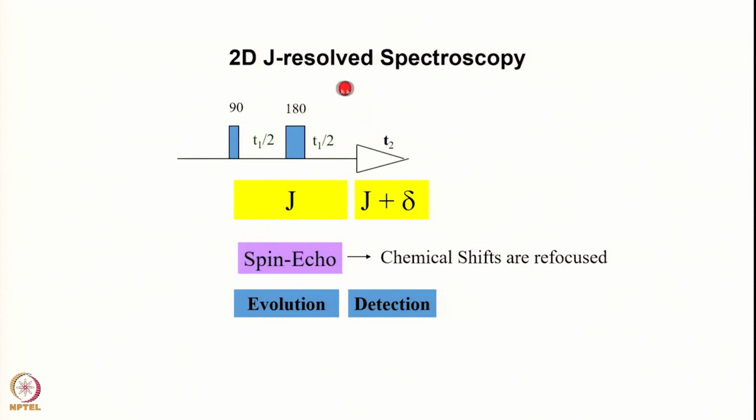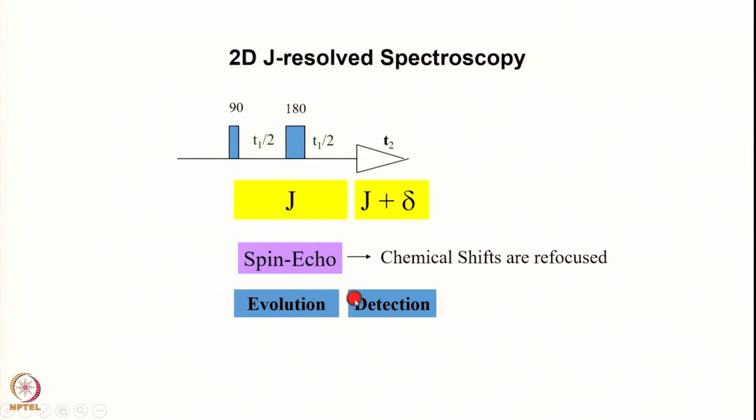During the spin echo chemical shifts are refocused, but the J information remains, the coupling constants are not refocused in the spin echo. This is what we saw earlier, and also in the INEPT experiment we explained how the J information is not refocused in the spin echo period and therefore the J information is present here.